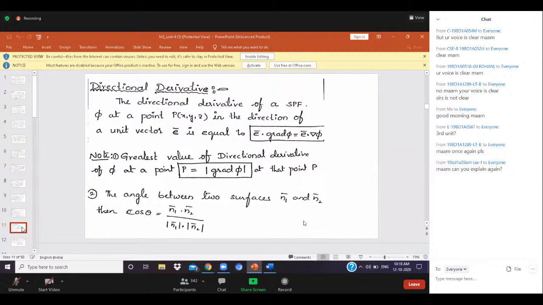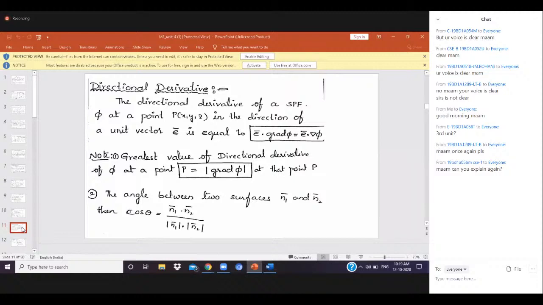Okay, so what is a directional derivative? Now we discuss. For a scalar point function φ at a point P(x, y), in that direction we take a unit vector e bar, and the directional derivative is e bar dot del φ. Already we know how to calculate del φ: del φ is equal to i bar ∂φ/∂x plus j bar ∂φ/∂y plus k bar ∂φ/∂z.